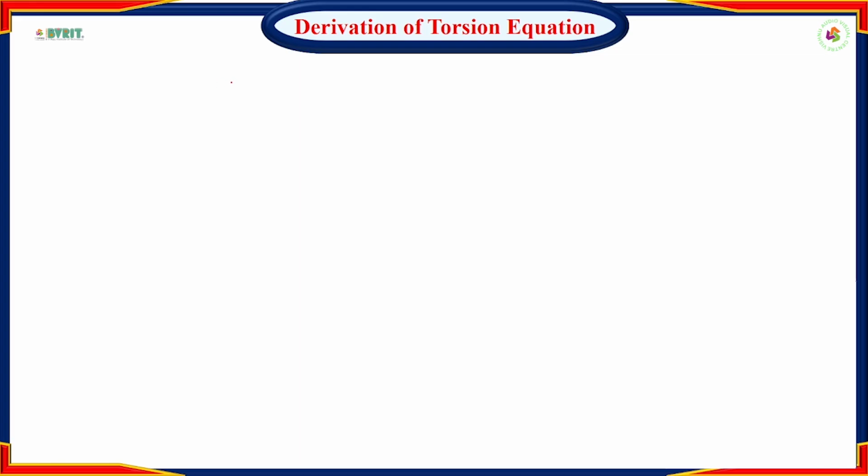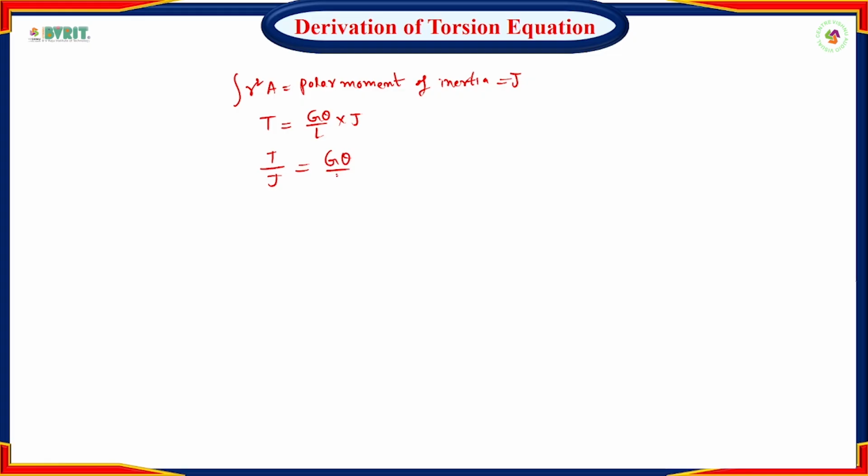Now we know that integral r squared dA is the polar moment of inertia, that is J. Now we can write T is equal to G theta by L into J. From this we can write T by J is equal to G theta by L.